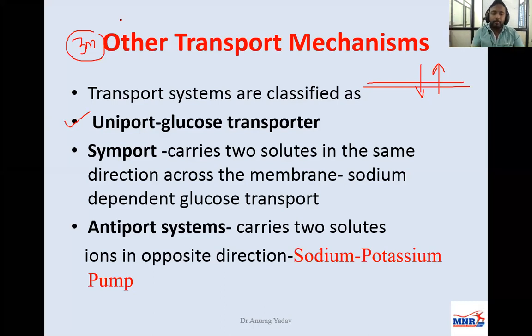Based on the direction, if you are classifying the transport across the membrane, one example is uniport.